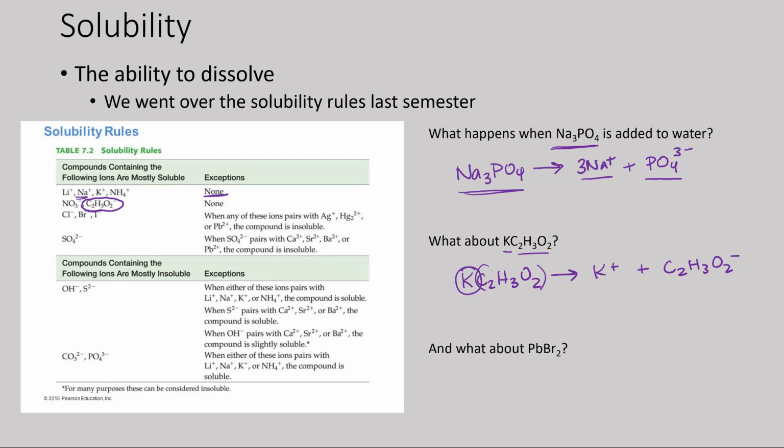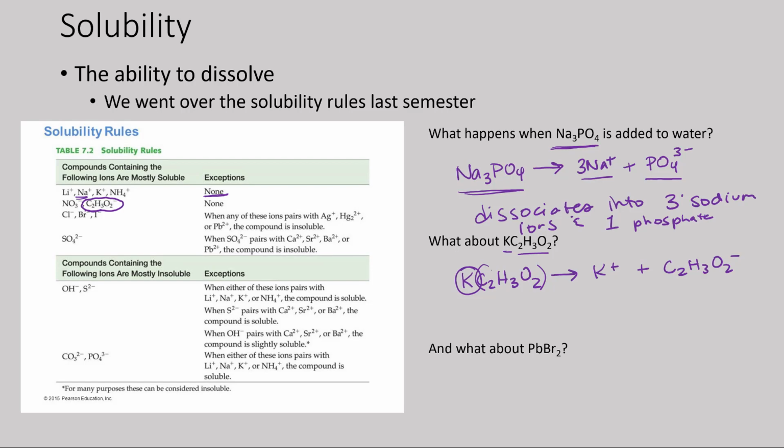And so all you would have to say for what happens when sodium phosphate is added to water is that it dissociates into 3 sodium ions and 1 phosphate, or 1 PO4, or whatever you want to say.